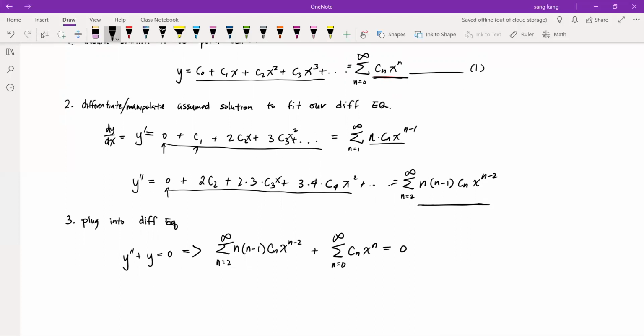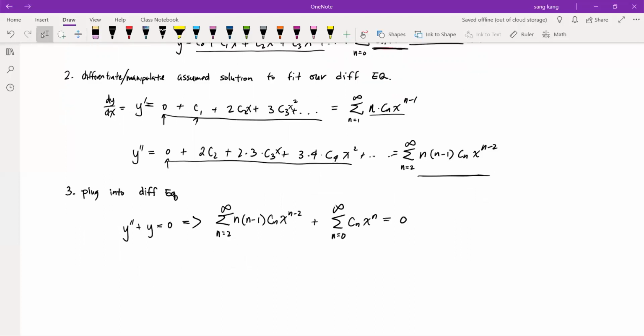Okay, so now when we're at this step, there's two things we need to do. We need to match the exponent of x. Generally we want to bring it down to x to the n, for each of these sum terms.